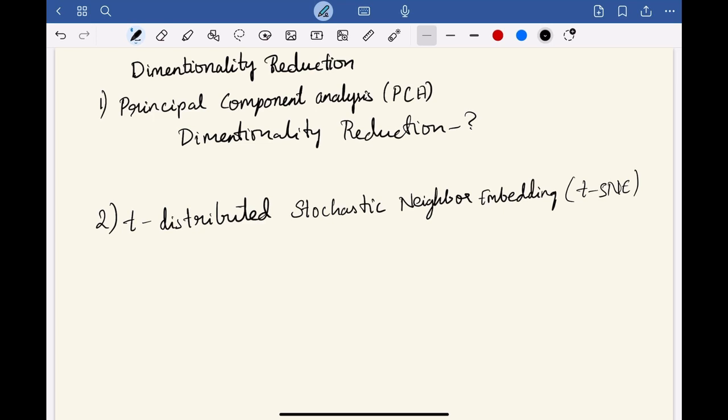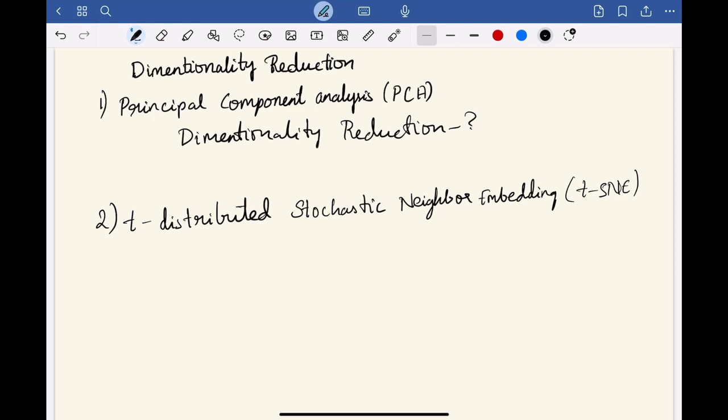Here, first, we have to convert similarities to joint probabilities. So t-SNE converts the pairwise similarities between data points into joint probabilities, and these probabilities represent how likely it is for two points to be neighbors in the lower dimensional space.